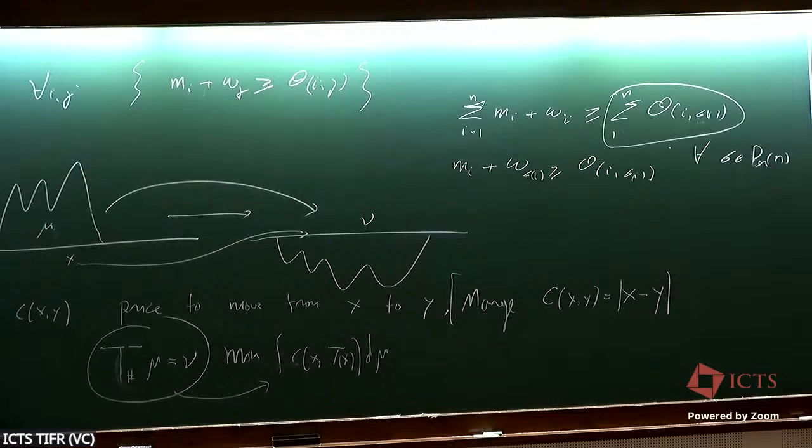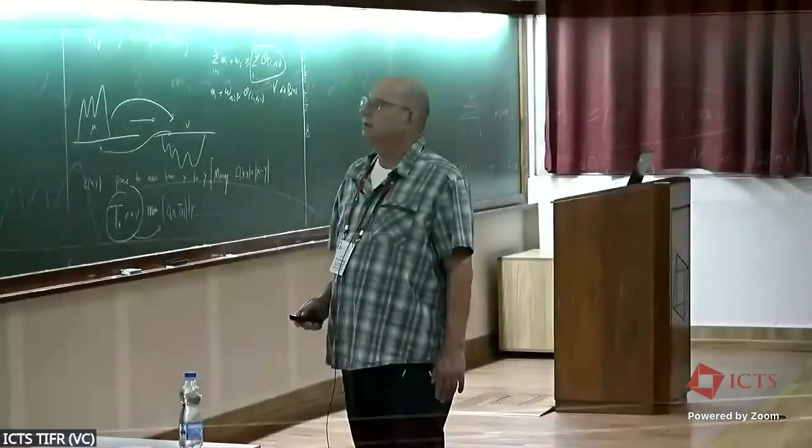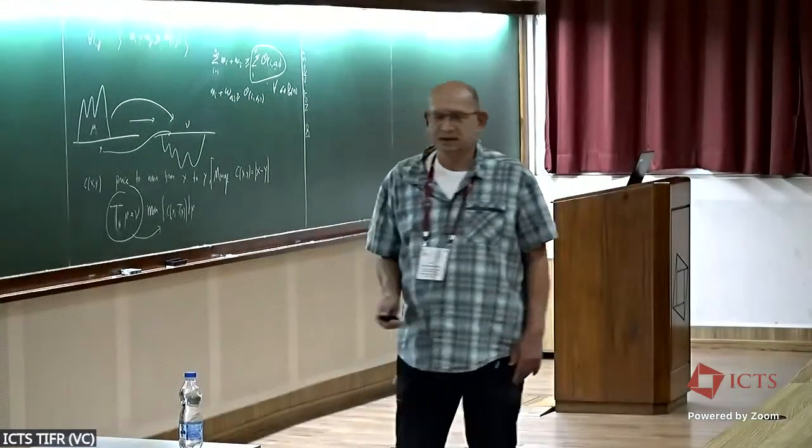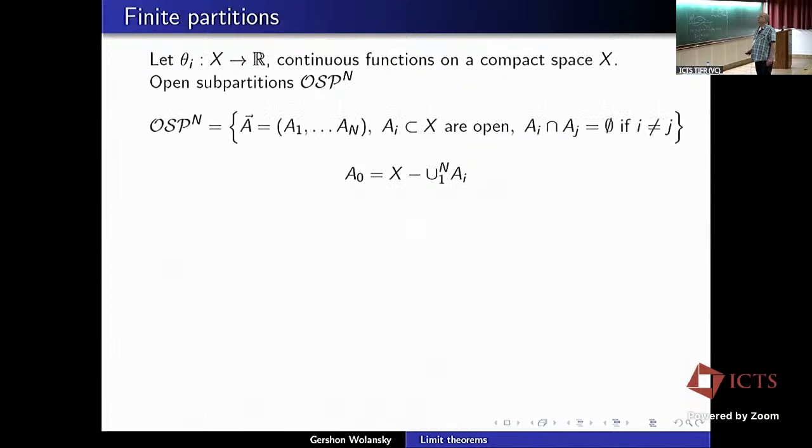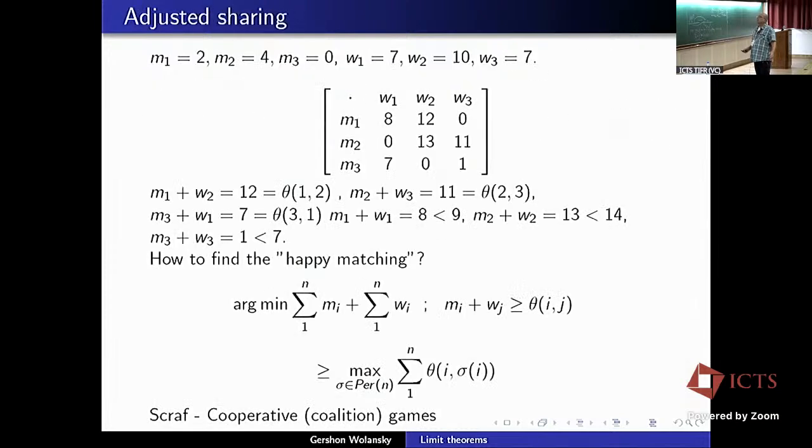Okay. So this is, by the way, a special case of a theory of coalition cooperative games in game theory, economy. So this is the discrete version of optimal transport.